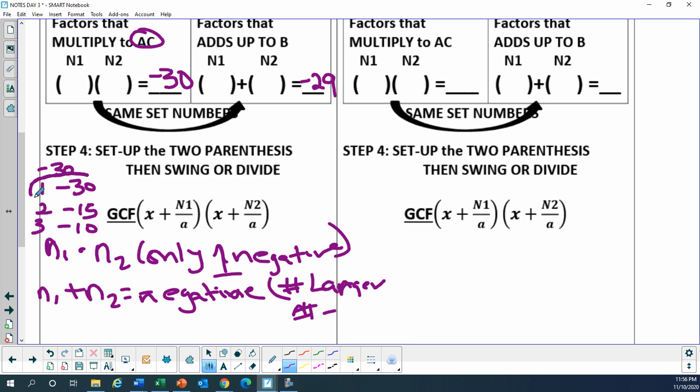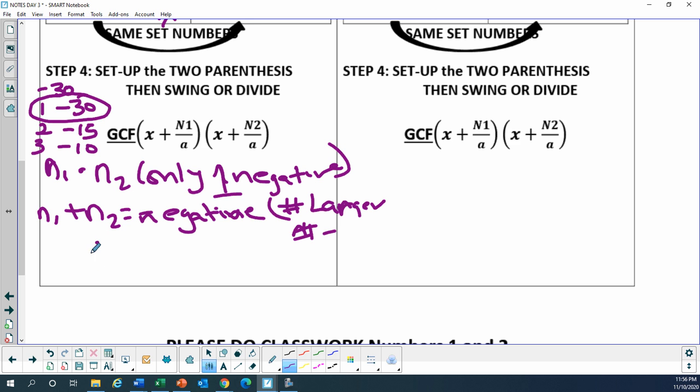Voila, we got it right here from the beginning. Because when I multiply 1 times negative 30, it will give me negative 30. 1 plus negative 30 will give me negative 29. So my 2 numbers will be x plus 1, and then x minus 30.